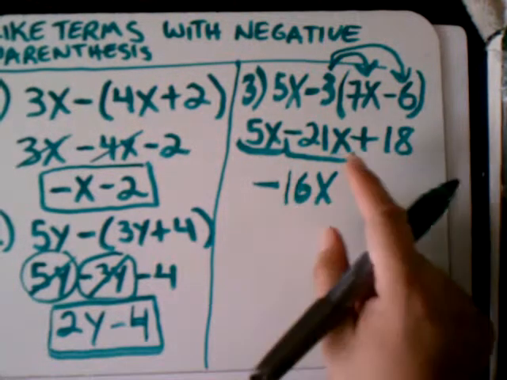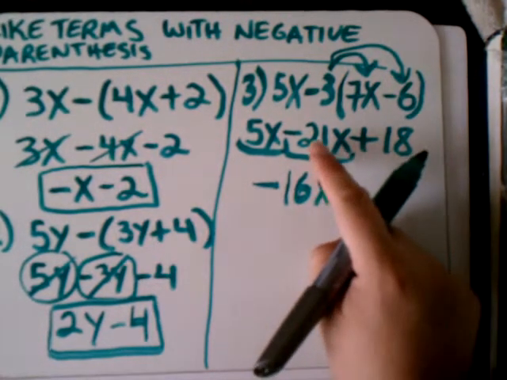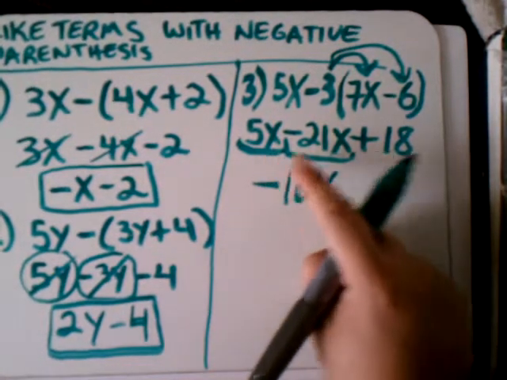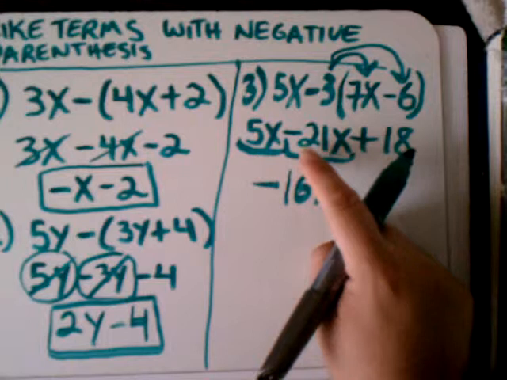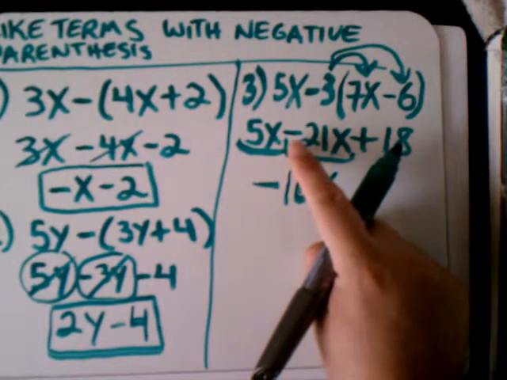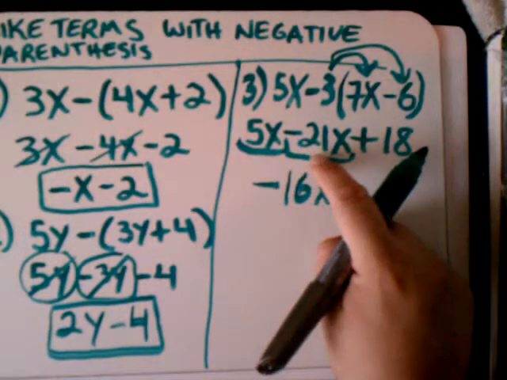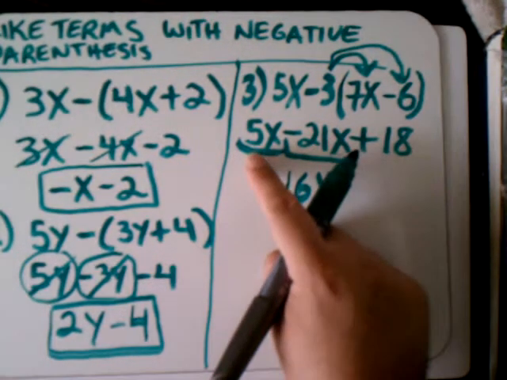Remember, I like to use it this way because it's kind of confusing when you say negative 21 plus 5 or 5 minus 21. It's easier if you think about money. Everybody likes money. So when you have a negative, you owe money. So you owe 21 and you have a positive, you have $5.